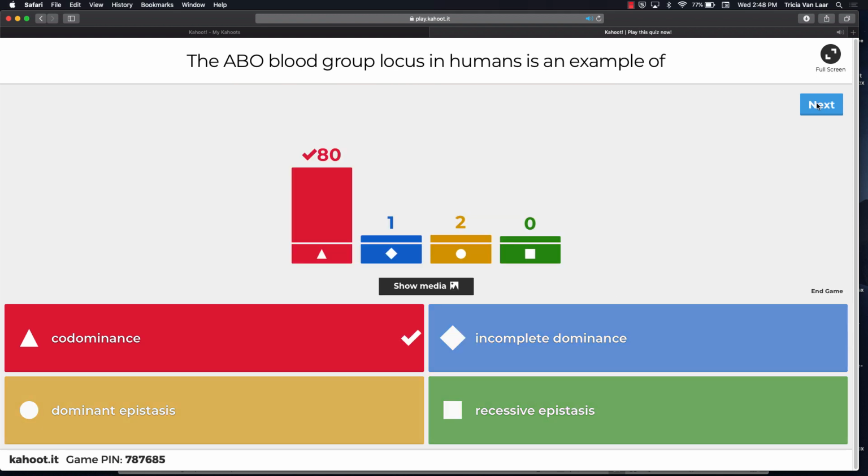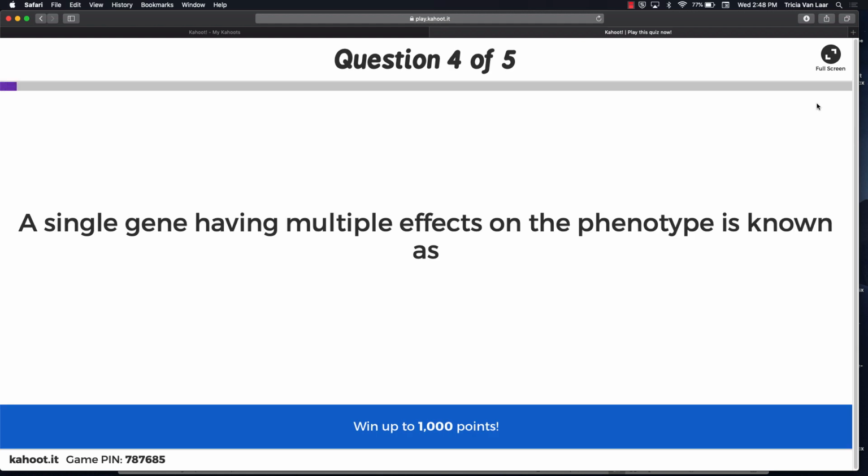It's codominance. Remember, epistasis involves two sets of loci. So if we're talking about one locus, you cannot have epistatic interactions. And because you have A and B that can be together, not a blended phenotype, it's codominant instead of incomplete.